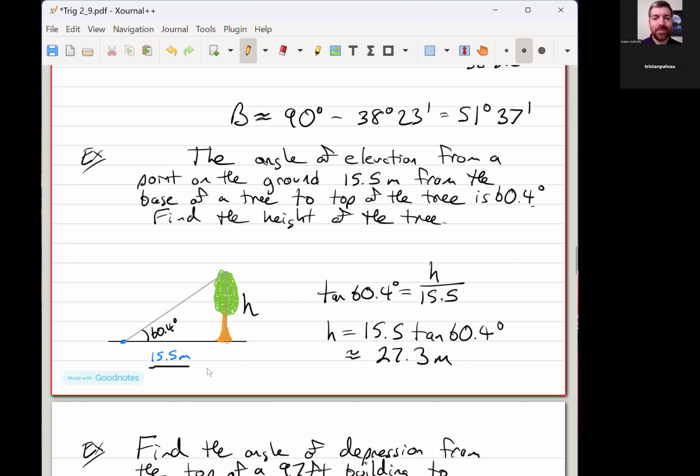The adjacent side is given to us. So tangent is the ratio opposite over adjacent. Tangent of 60.4 degrees is h over 15.5. Solve it just like we did in the previous problem. We're going to multiply that over, go to our calculator, round to the correct number of significant digits. Looking at these numbers, it's 3, right? It's clearly 3 for both numbers. So 27.3 meters. Pretty tall tree.